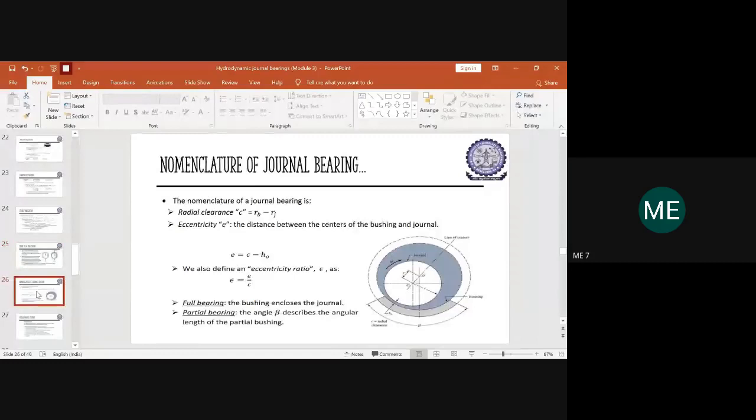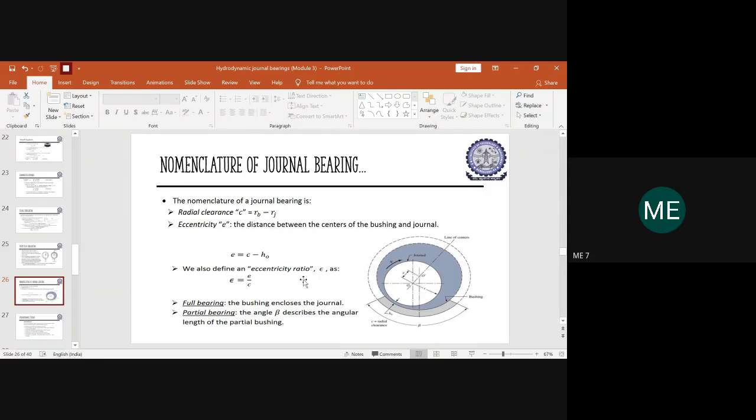So that value is our H naught. If you take the difference between the clearance and the minimum film thickness, that will yield us the value of eccentricity. So this eccentricity here you can identify. This is the distance, the value of E.